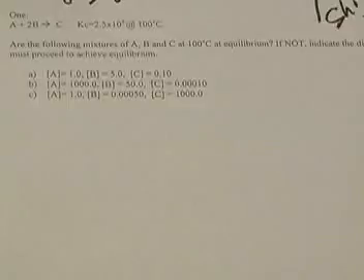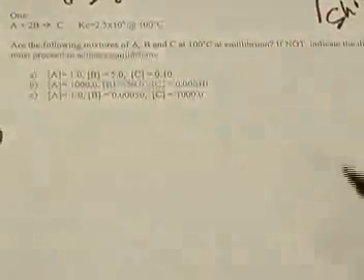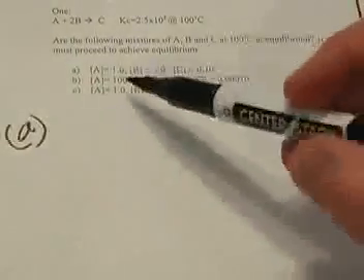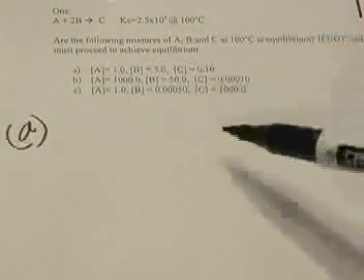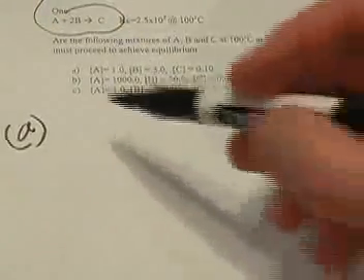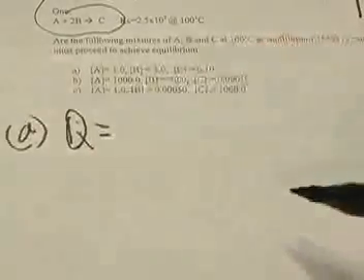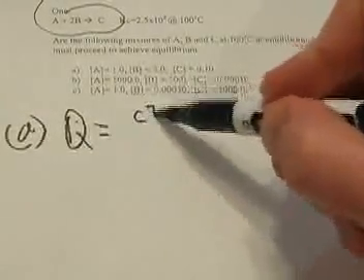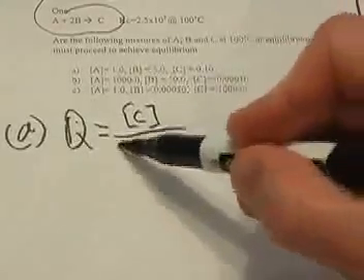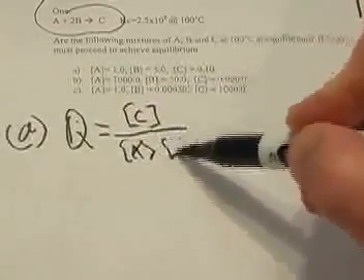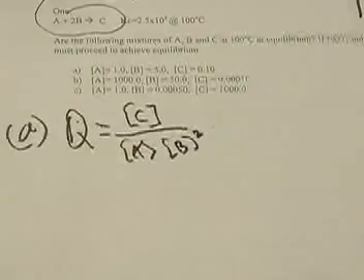Are the following mixtures of A, B, and C at 100 degrees Celsius at equilibrium? If not, indicate the direction that the reaction must proceed to achieve equilibrium. Here's letter A. It gives us a concentration of 1, 5, and 0.1. For this reaction, A plus 2B goes to C, the equilibrium constant, and therefore the Q, or reaction quotient, would be products C divided by A to the first power times B to the second power.